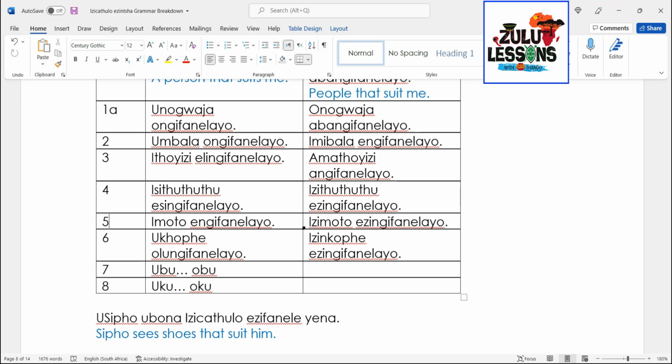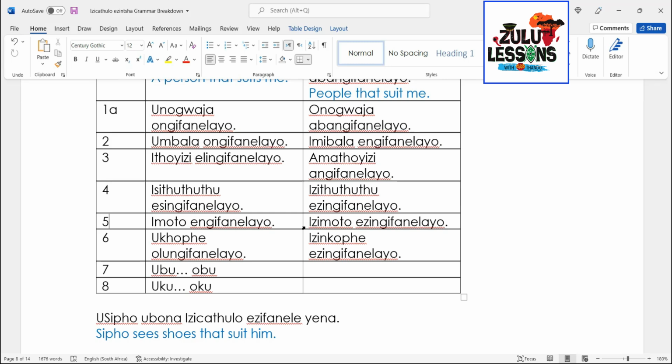A man that suits me. Yes, the one that I'm married to. I'm married to a perfect man. But anyway, indoda engifanelayo. A man that suits me. And then the plural is amadoda. This is the funny part. Amadoda angifanelayo. So amadoda, so men, plural M-E-N.